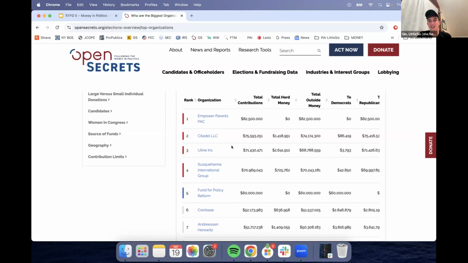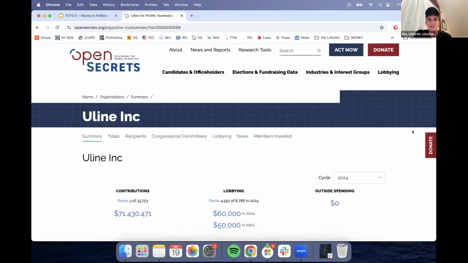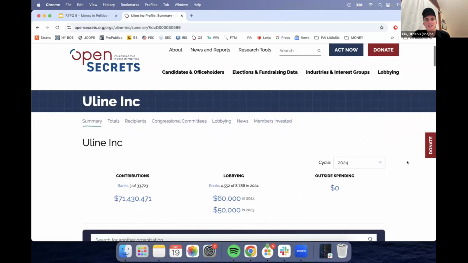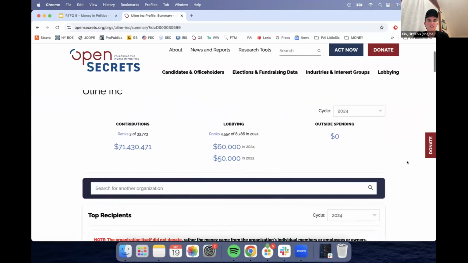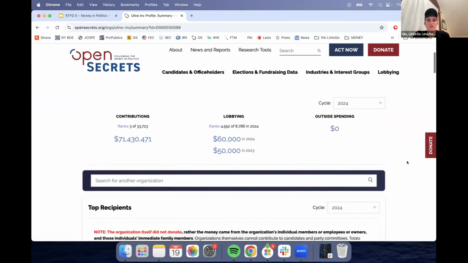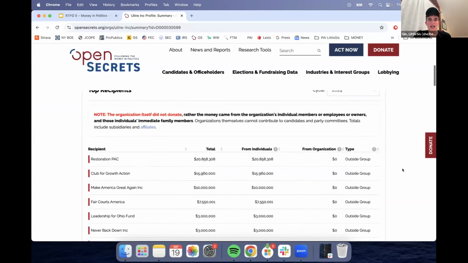But if we want to know a little bit more about a specific organization, say we want this Uline, a lot of people who aren't from the Midwest might not know the name of this company or what it is. You can click on that and get to essentially a profile page for this entity, much like what we saw for the politicians. We're on the summary page right now.